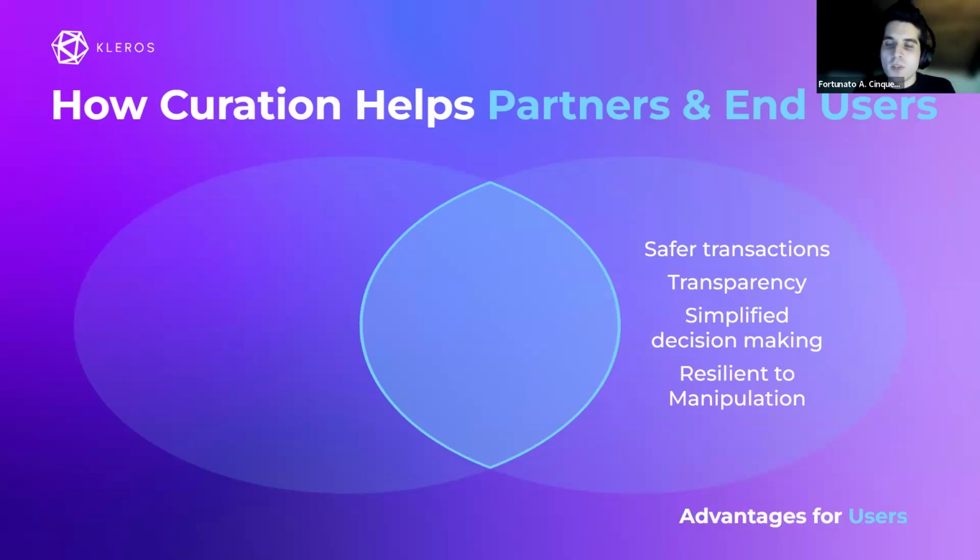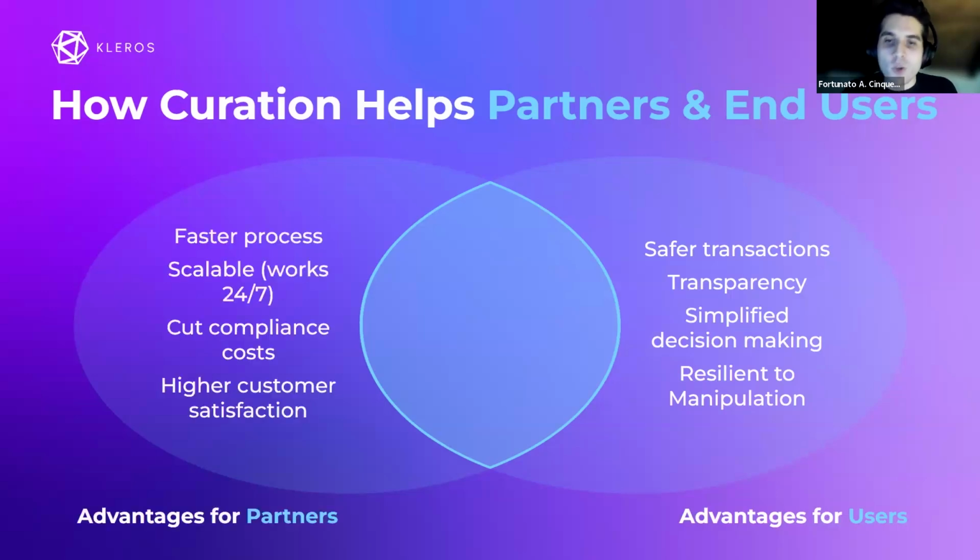If they have to decide between an unverified contract and a verified one, they will certainly go with the verified one. And this also reflects on the partner side, because the verified contract will be on a specific platform. So the partner using this type of decentralized verification will have a higher retention rate. The customer will be more satisfied. In general, as customers, we prefer to interact with platforms that have any type of verification.